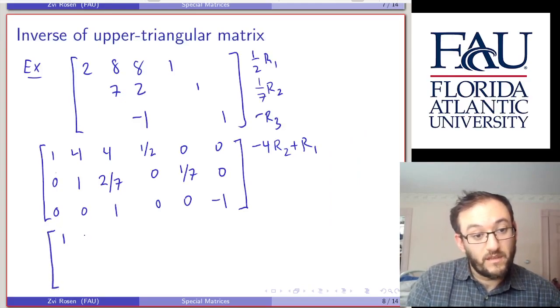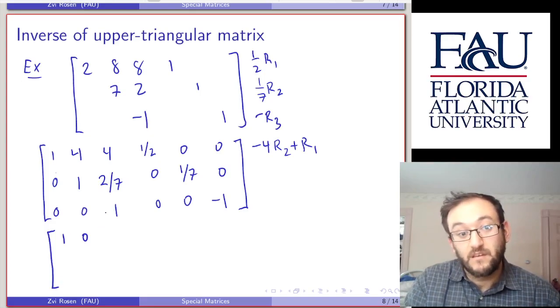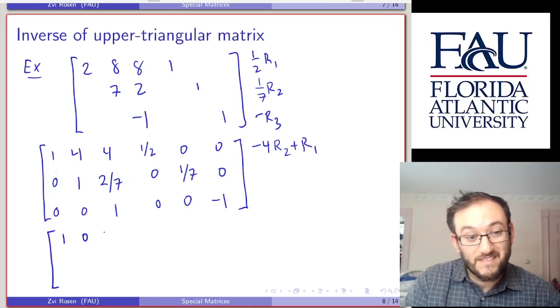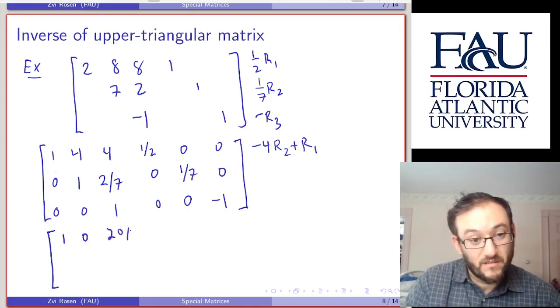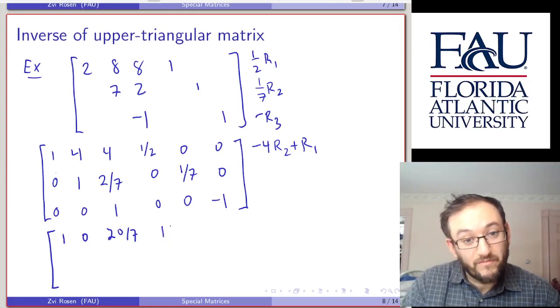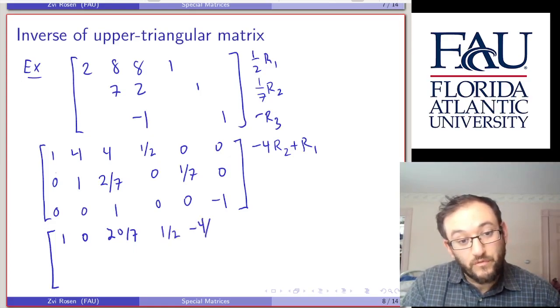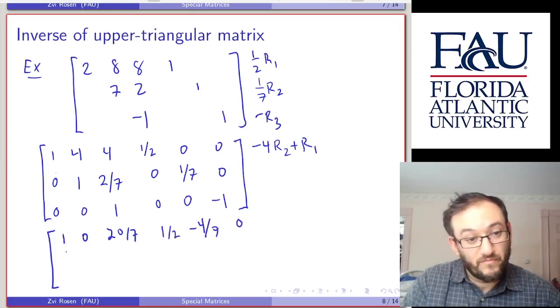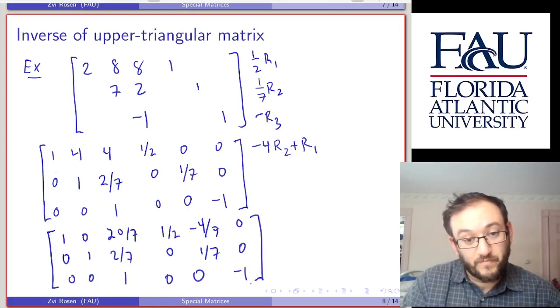So we get 1, 0, and then minus 8/7 plus 4 is going to be positive 20 over 7, followed by 1/2, minus 4 over 7, 0. And then the second row, 0, 1, 2/7, 0, 1/7, 0, and 0, 0, 1, 0, 0, minus 1.